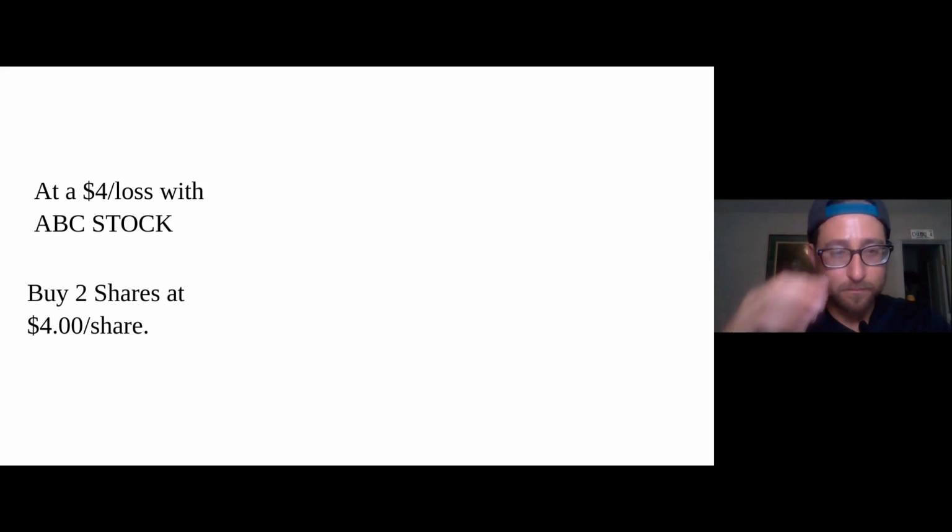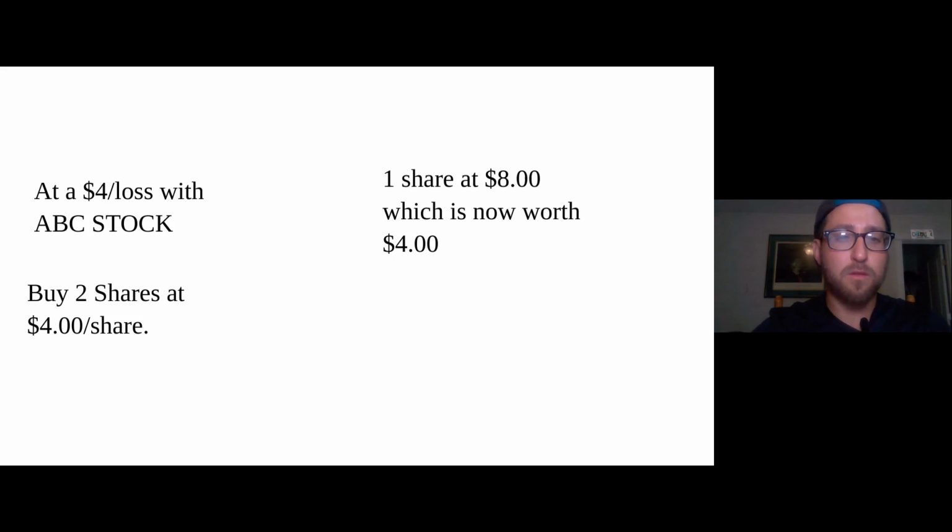So we buy, let's say, 2 shares at $4 a share, and we originally bought one share at $8, which is now worth $4. So we now have 3 shares at 4. We have 2 shares bought at $4. We have 1 share bought at 8.